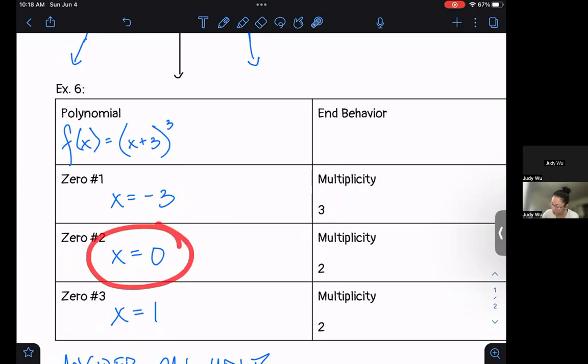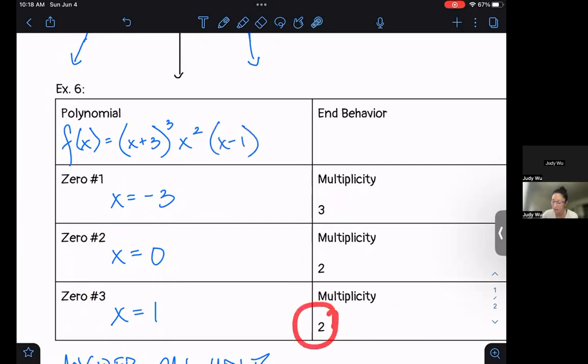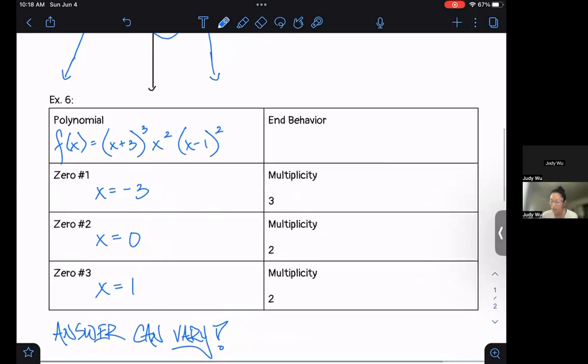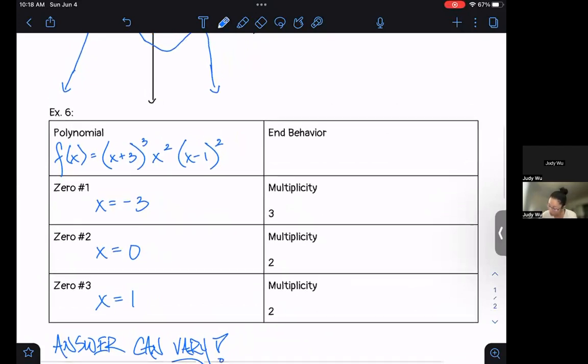The next 0 is x equals 0, and it has a multiplicity of 2, so x squared. And then last but not least, if x equals 1 is a 0, then we know x minus 1 is a factor, and that has a multiplicity of 2. All right, so here I have my polynomial. Now, let's see what the degree is.